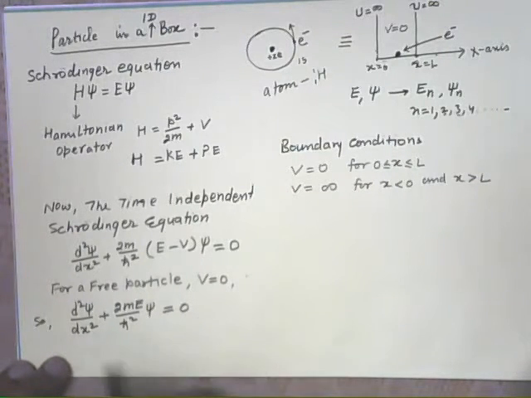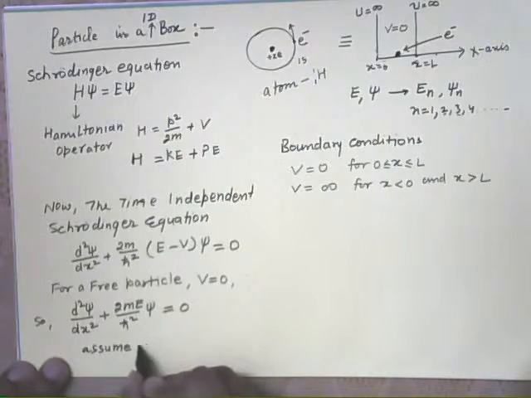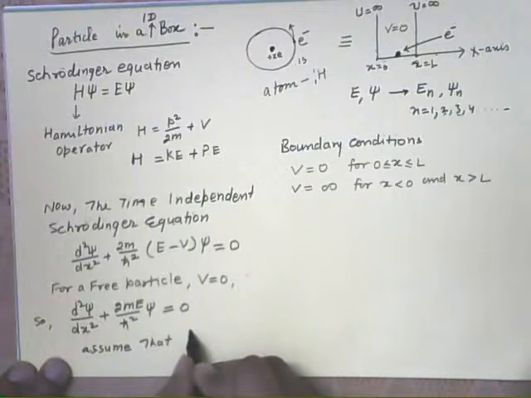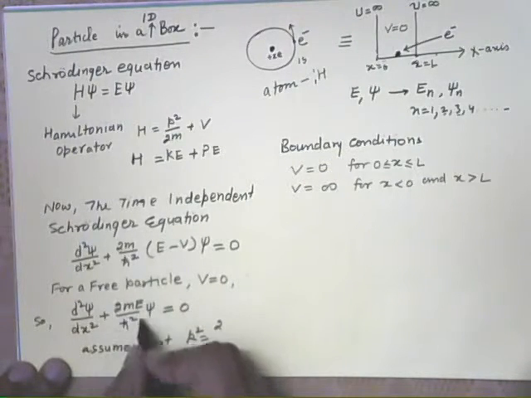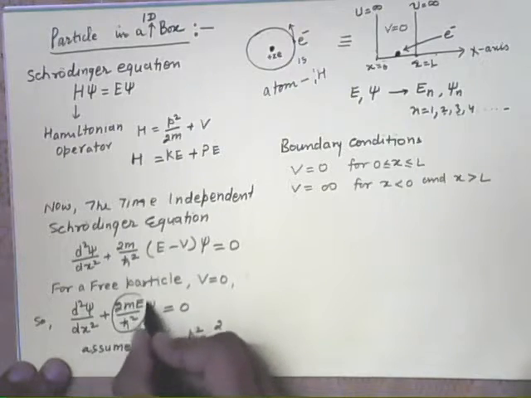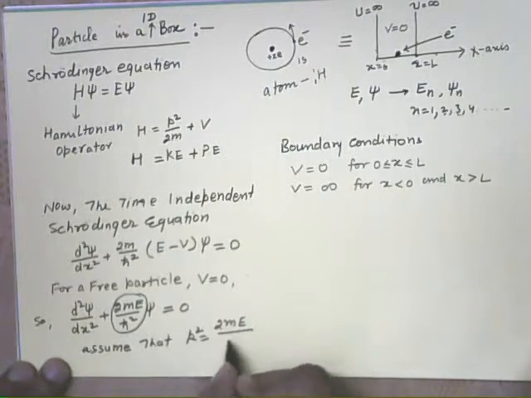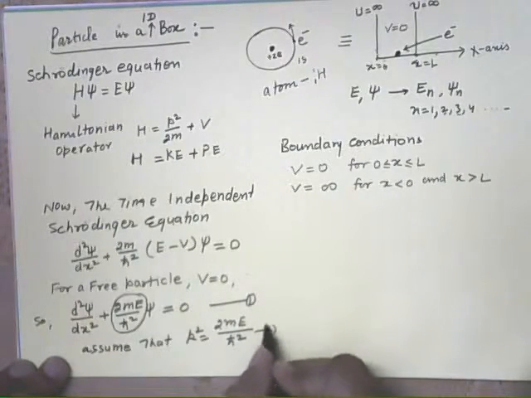And here we can assume that k² is equal to this factor, 2mE/ħ². So now suppose this is our first equation and this is second.